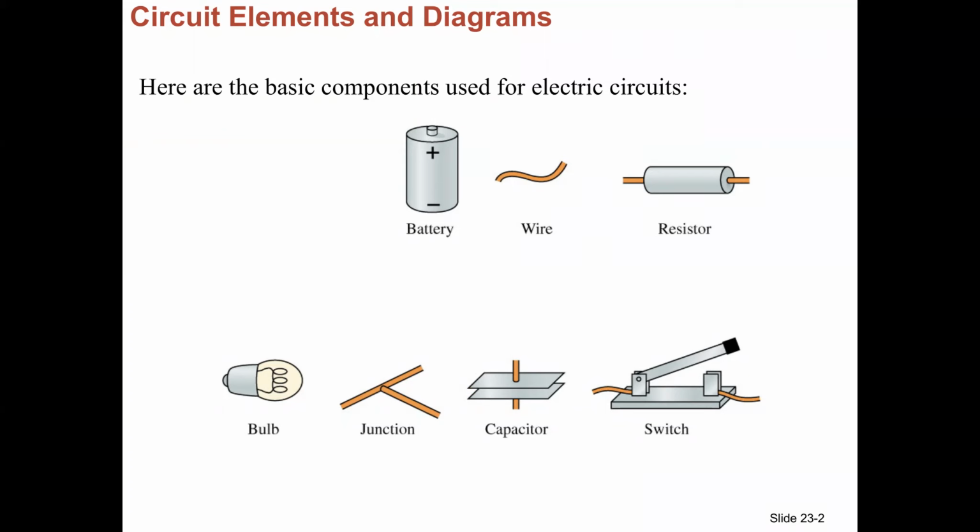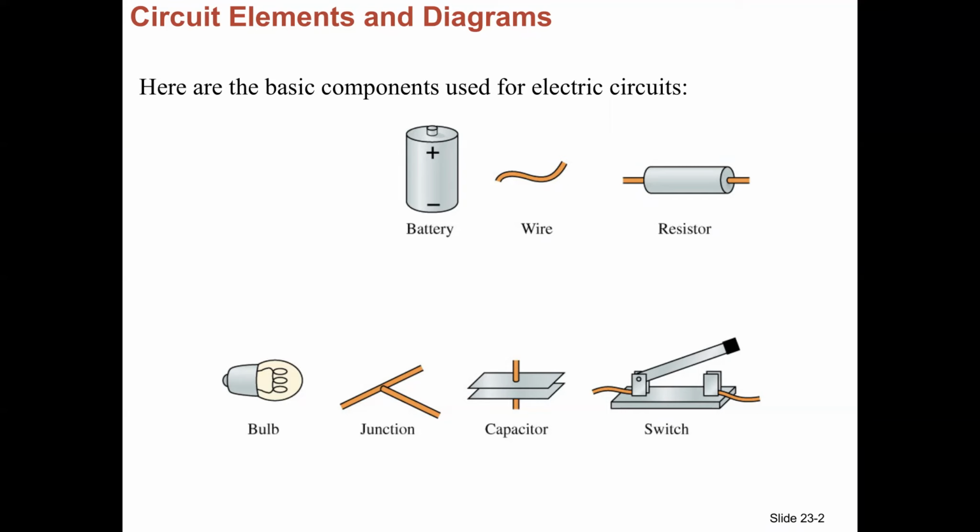One are, of course, power sources like batteries. There are different types of power sources, but as far as we're concerned in this class, every power source is going to kind of be modeled as a battery in a sense. A battery being something that provides energy to a system to separate charge.